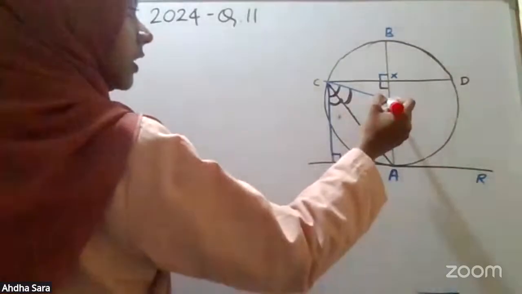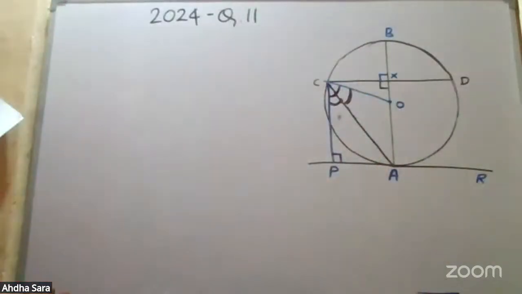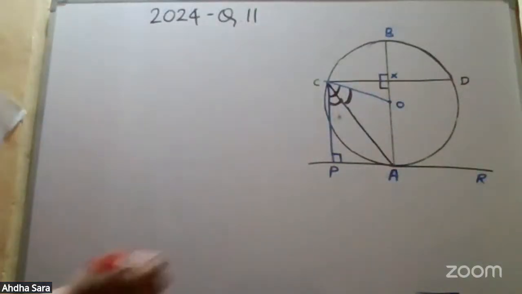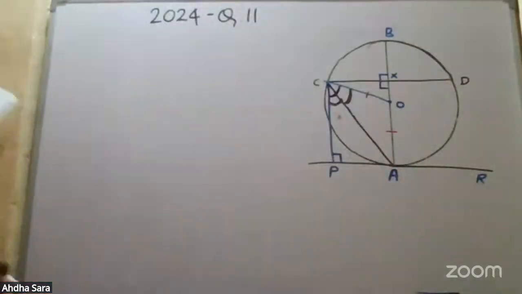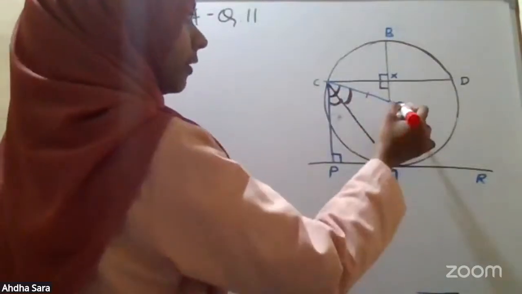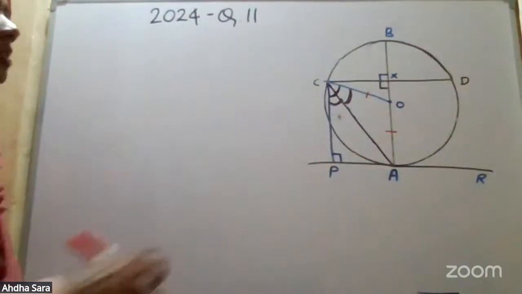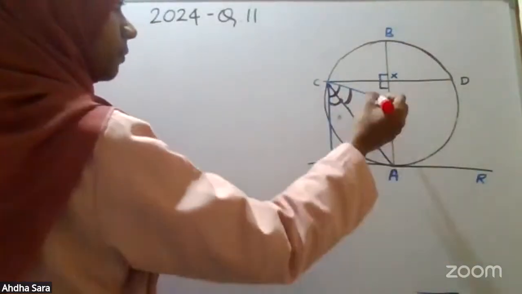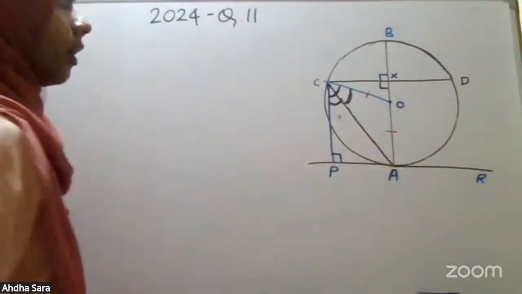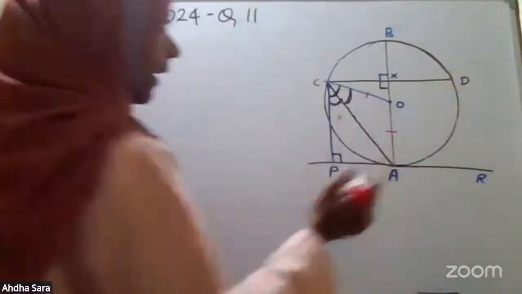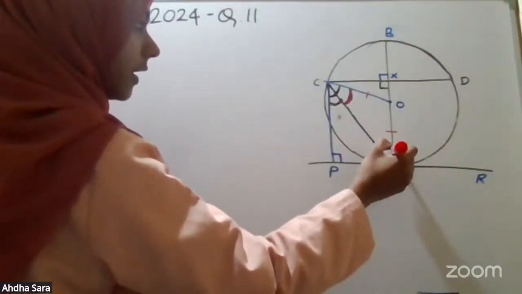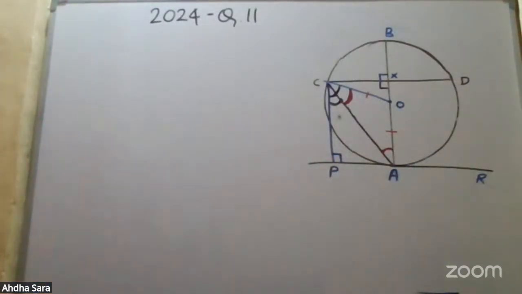You know the lines OC and OA are equal, because CO and OA are radii of this circle. So this angle and this angle will be equal.